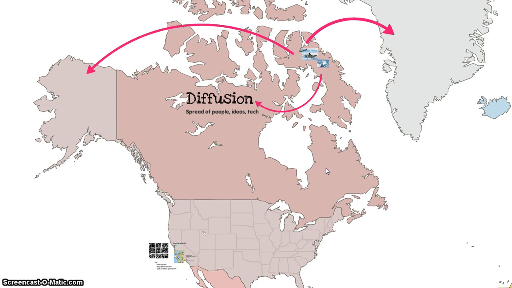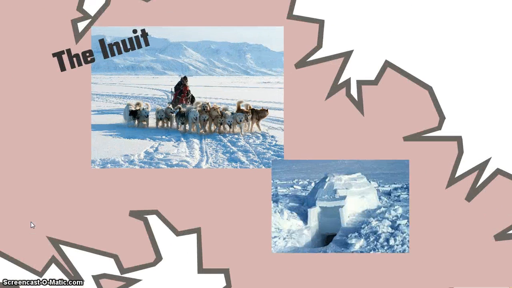From human-environment interaction, another theme of geography is diffusion or movement. That's the spread of ideas, peoples, and technology from a certain area. If we look at the Inuit, who are a native group of northern Canada and the United States, they have a very specific culture that has diffused throughout the area.